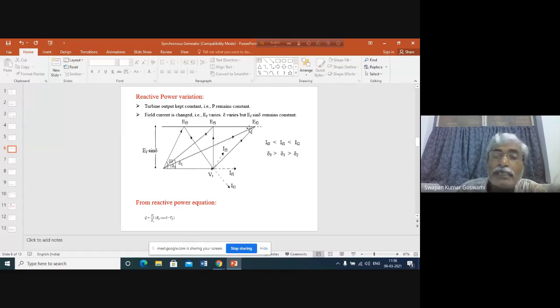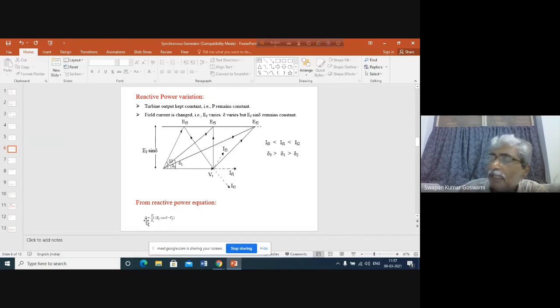Delta value decreases. If delta value decreases, you see that EF increases, because EF2 is greater than EF1. EF increases, at the same time delta decreases. Delta decreases means cosine delta value increases. That means EF cosine delta becomes greater than Vt. As a result, Q increases.